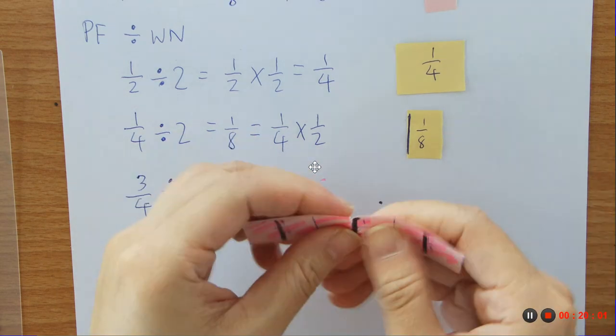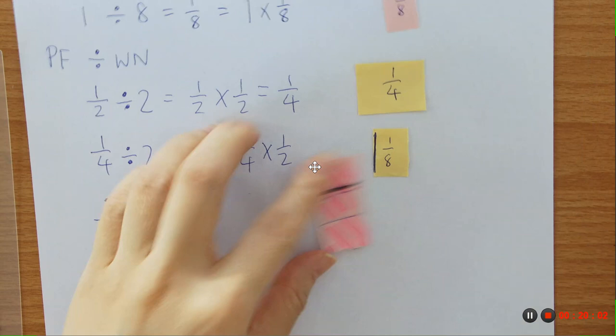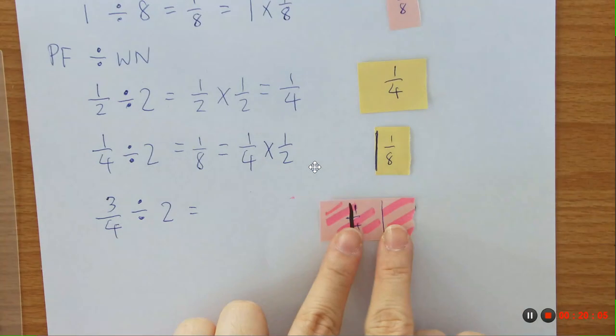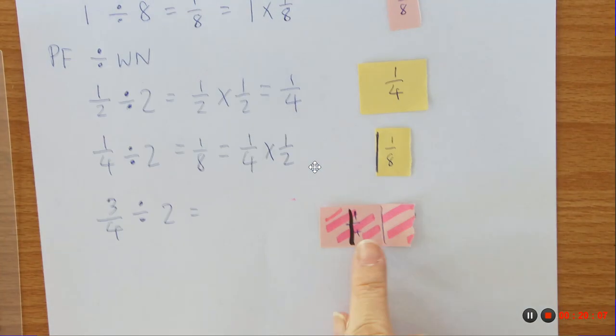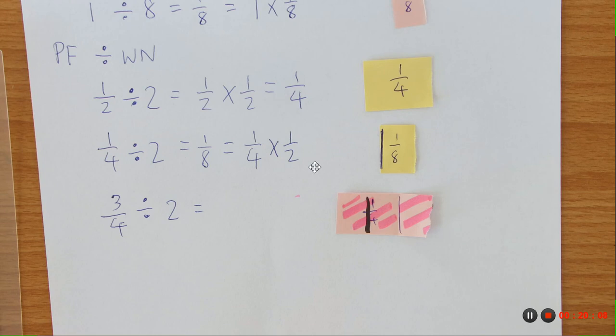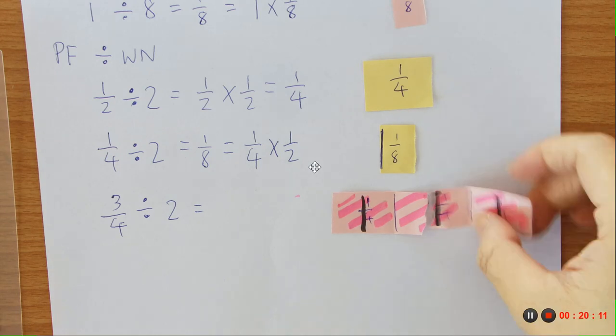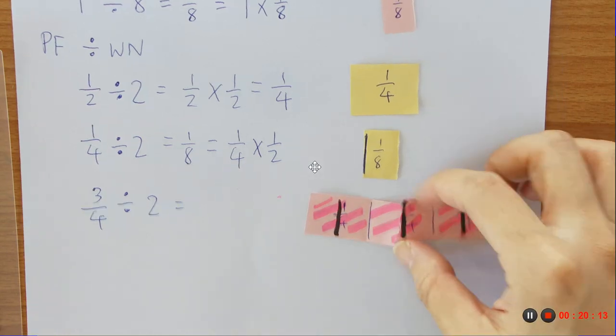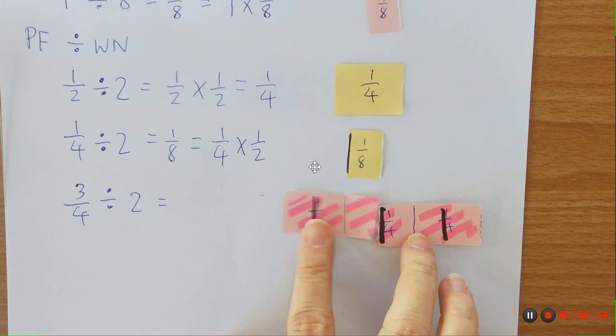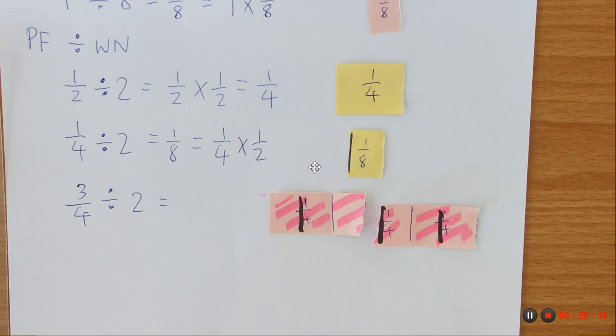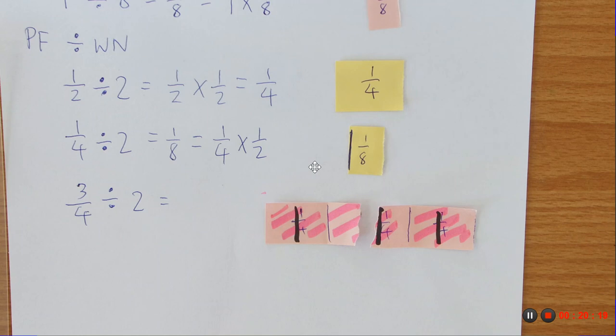Now, what is this fraction? This is the 3/4, and then split it into 2 parts. Let's divide by 2. What happened? I'm cutting right in the middle of this quarter here.